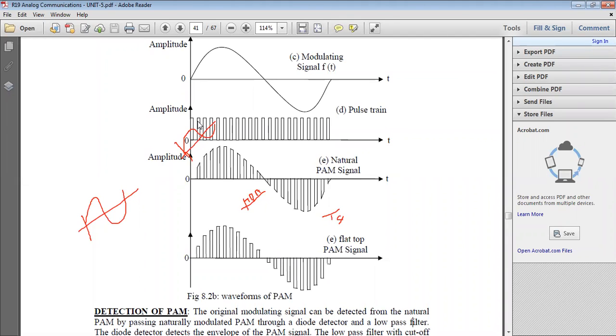Again for the second pulse, that pulse is multiplied with this modulating signal, and again a second discrete sample is generated. Similarly, at the output of the multiplier we get this pulse train whose amplitude changes in accordance with the amplitude of the message signal.